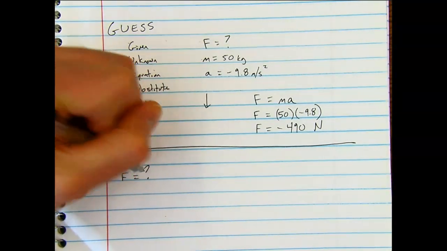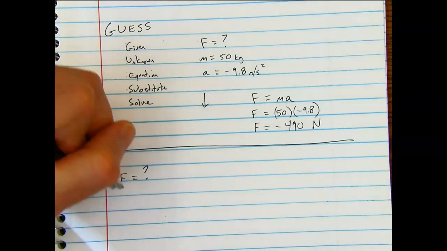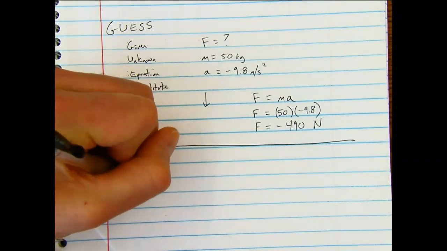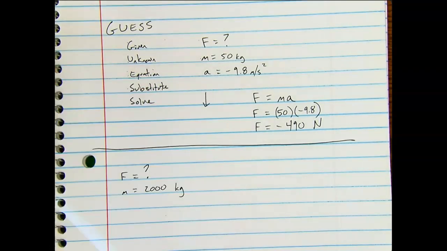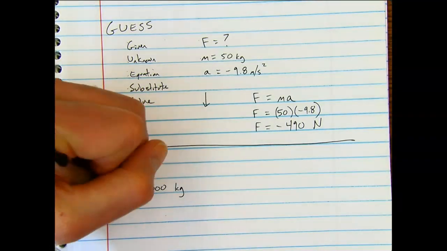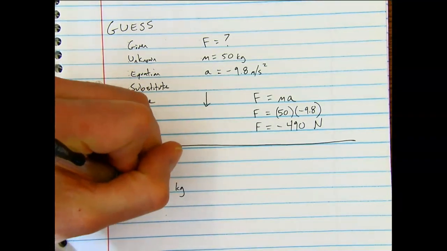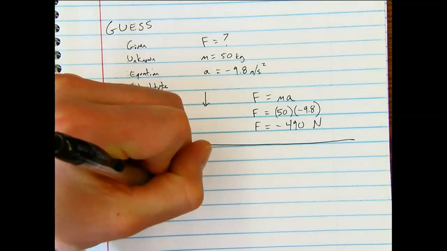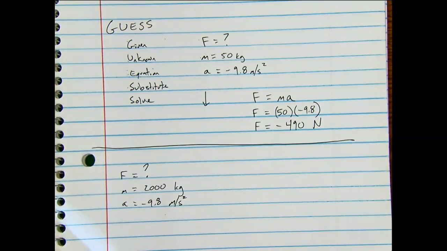That's what we're trying to figure out. We know the mass is 2,000 kilograms. And again, acceleration is negative 9.8. Again, it wasn't mentioned in the problem, but that's a constant that we can always assume to be true for objects on Earth. That is the acceleration from gravity.